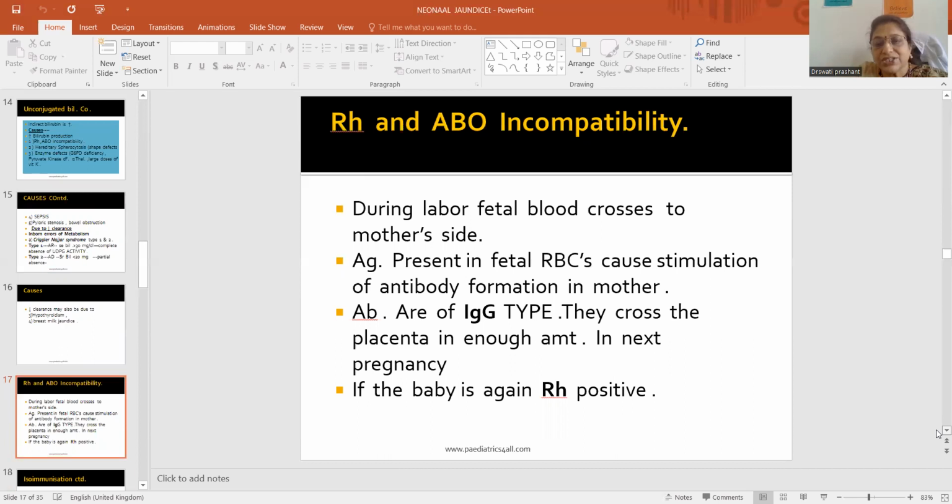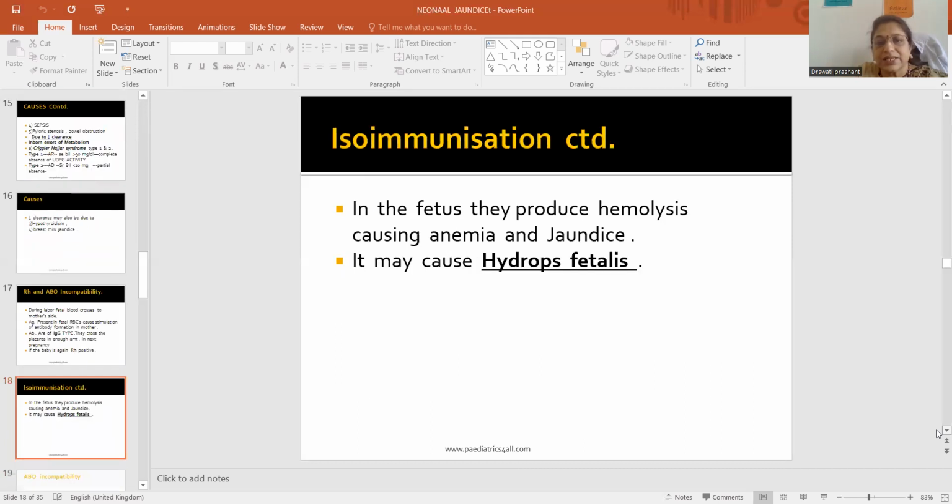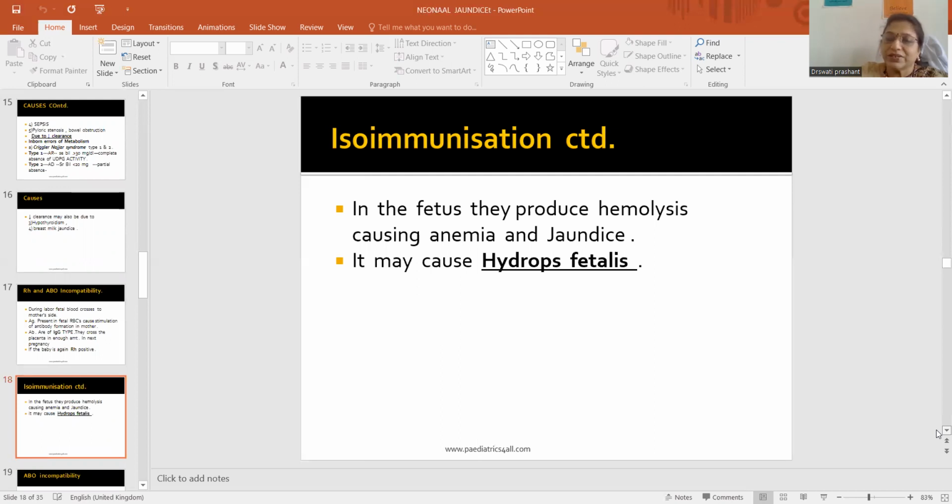Antibodies are of IgG type, so they cross the placenta in enough amount in the next pregnancy. If the baby is again Rh positive in the next pregnancy, they produce hemolysis in the fetus, leading to anemia and jaundice to the extent of hydrops fetalis.